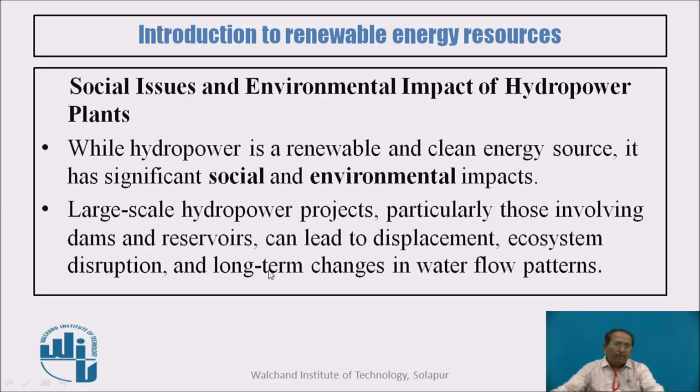While hydropower is a renewable and clean energy source, it has significant social and environmental impacts. Large scale hydropower projects, particularly those involving dams and reservoirs, can lead to displacement, ecosystem disruption, and long term changes in water flow pattern.